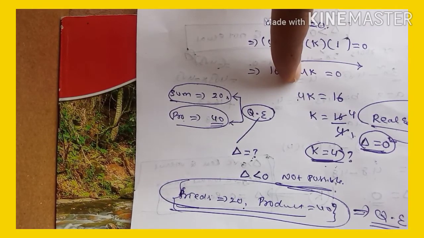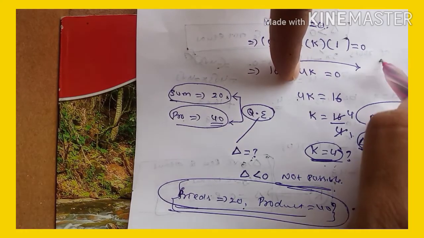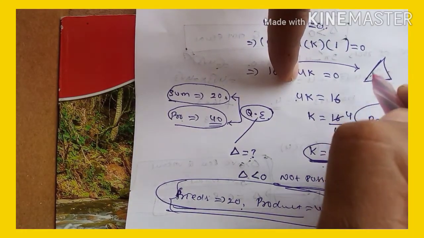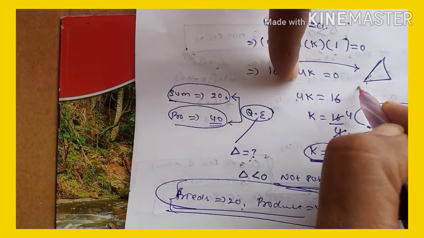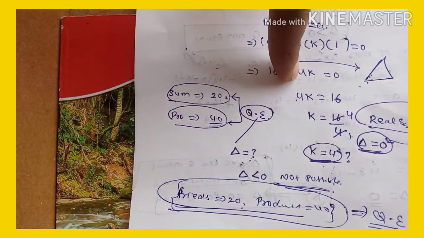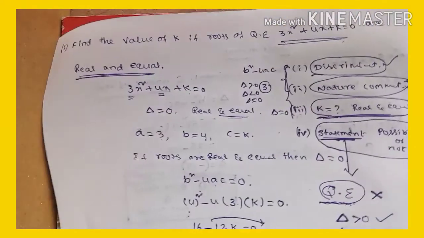After that you have to decide based on the discriminant value. If it is a positive value, possible. Equal to 0, possible. If it is negative, after getting the delta, if it is less than 0, in such a case it will not be possible. That is the fourth type.